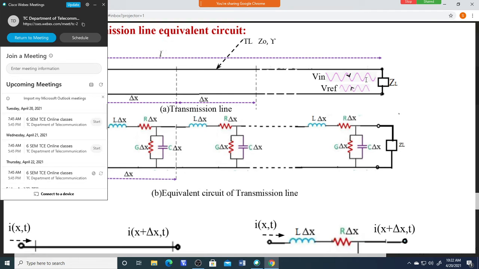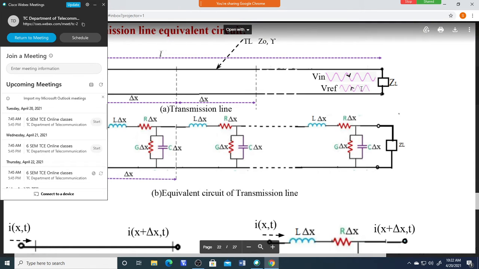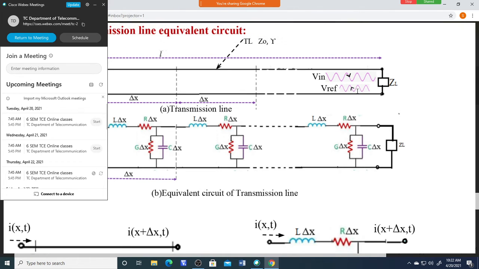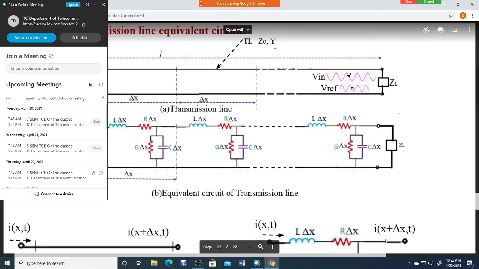That relation we can derive. We will see how to derive the relation between the reflected wave amplitude and phase in terms of ZL and Z naught.